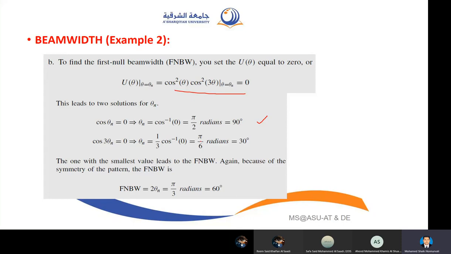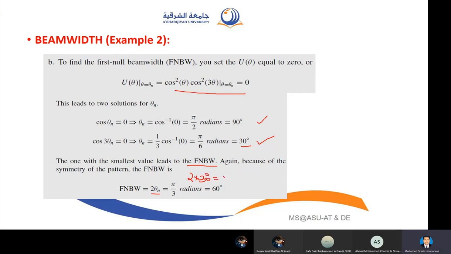Cos inverse 0 is 90 degrees. 90 by 3 is 30 degrees. So whichever angle is the smaller one, that will lead you to the full null beam width. Since there are two functions here, again you will multiply by 2. 2 multiplied by 30, you will get 60.